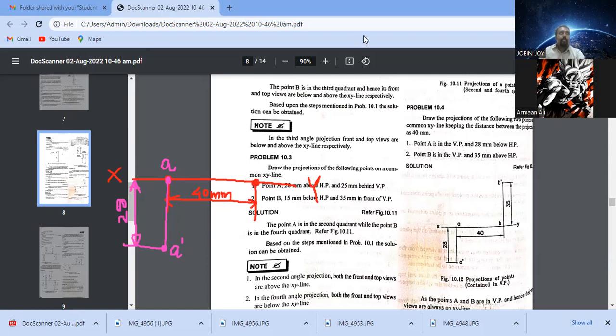Then the second point B, mark point B here. B represents the top view of point B, and the front view B dash. Here the point B is 35 millimeter above HP. That means the front view B dash is 35 millimeter above HP. This distance is 3.5 centimeter, 35 millimeter.